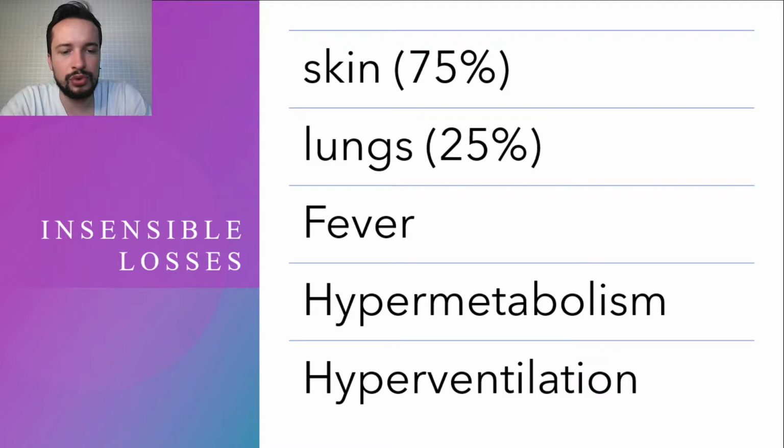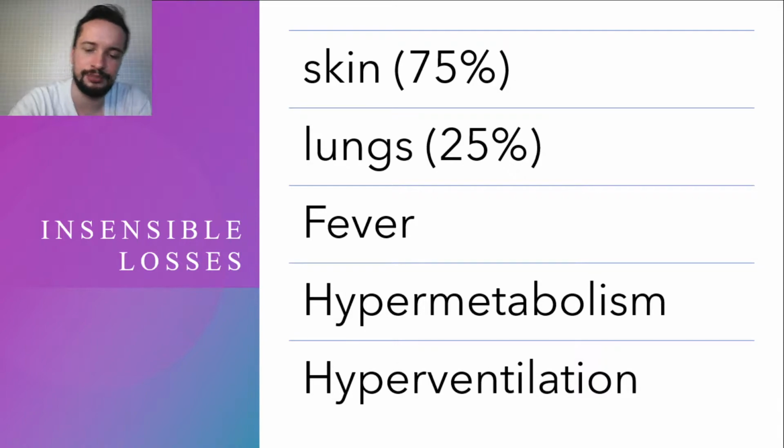Insensible losses of water occur through both the skin, about 75%, and lungs, 25%. And all of these insensible losses can change if the patient has factors like fever, hypermetabolism, and hyperventilation.